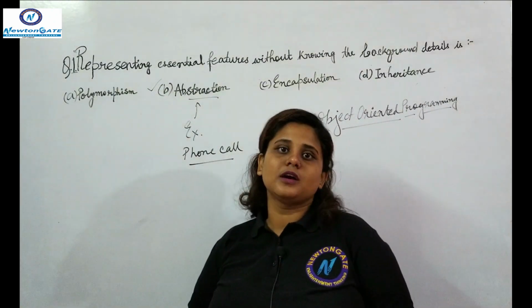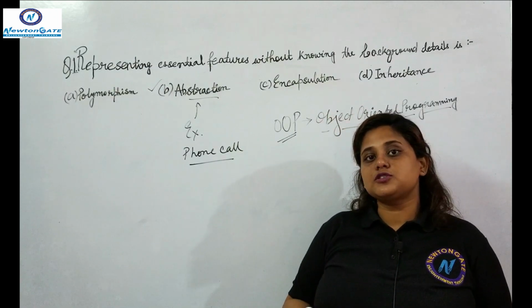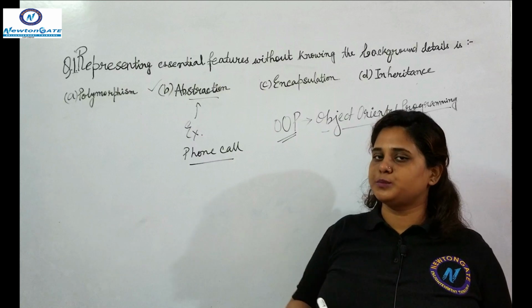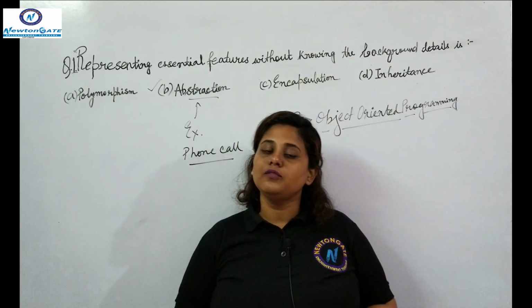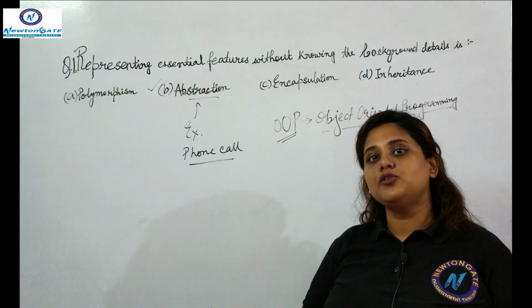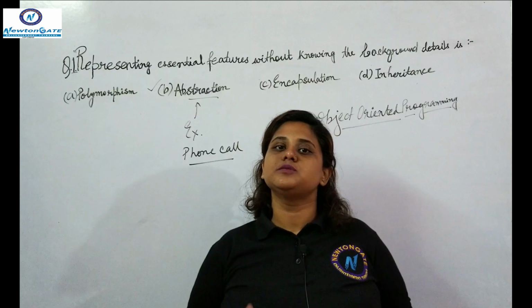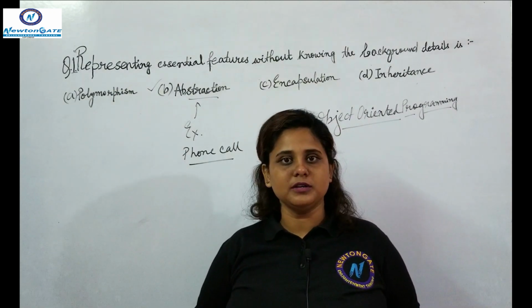Suppose we want to call a particular person. We just click on our contacts button and we just call the particular person with the help of his or her contact number. We do not ever know what is the procedure or what is the intermediate center through which the call is being transferred to a particular person.